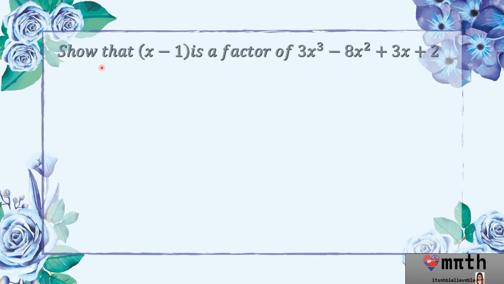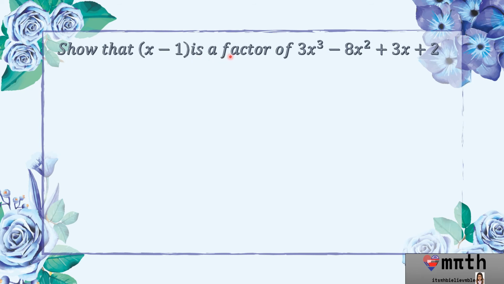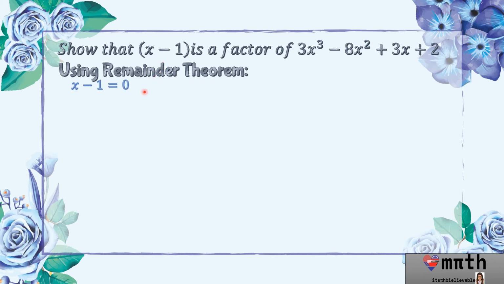And now let us have the examples. Show that x minus 1 is a factor of 3x raised to 3 minus 8x squared plus 3x plus 2. So using the remainder theorem, let us get first the value of r, which is x minus 1 equal to 0, which will be x is equal to 1.